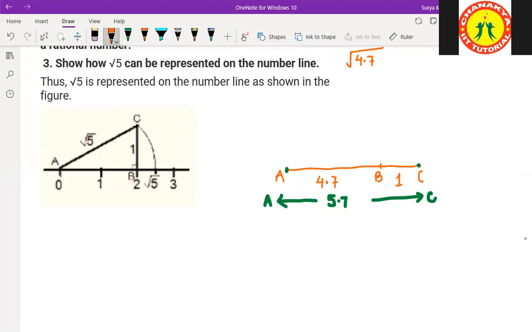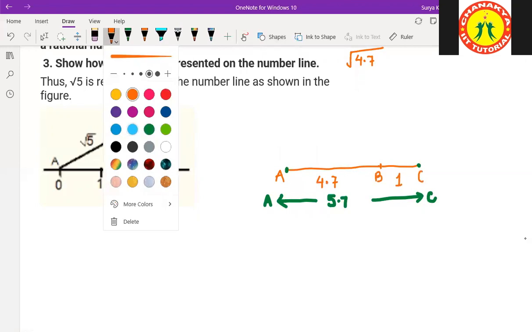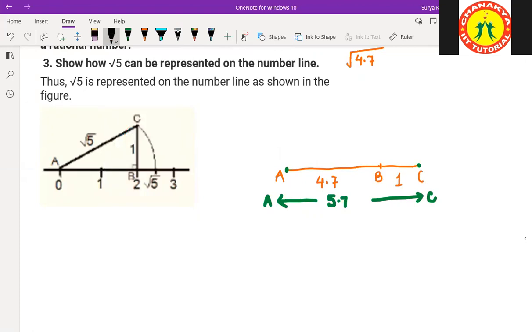All of you might be knowing that. Take more than half of AC, you put one arc on top, arc down. This much you know or not? Tell me, children. Perpendicular bisector of AC.